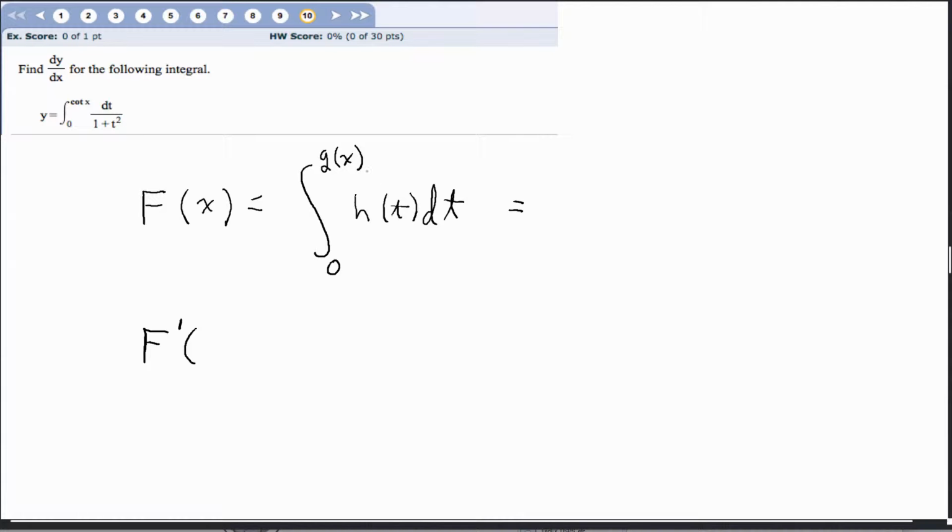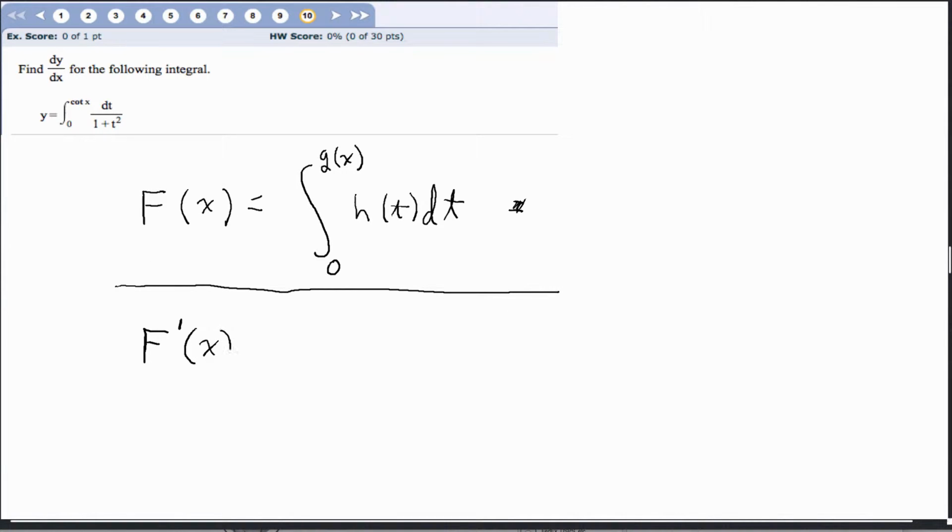I mean, let me just write it this way. We really have something like, how do I want to write this? Let me write down what we have here. So the chain rule would be applied here, right? So here's what we have.